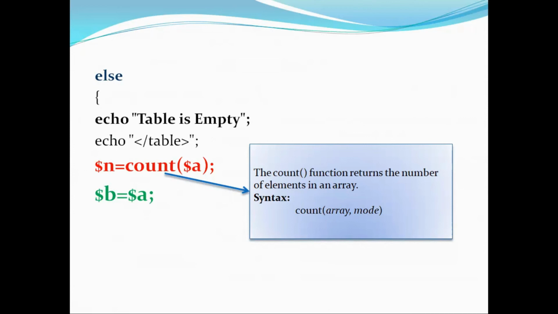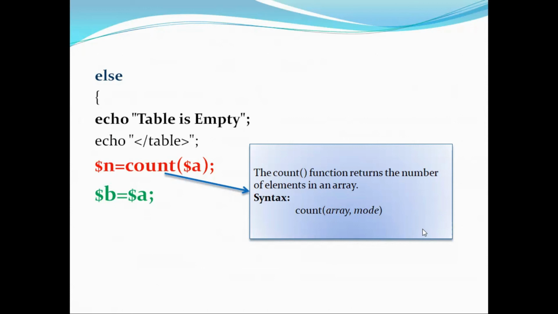The possible values are 0, the default, which does not count all elements of multidimensional arrays, and 1, which counts the array recursively, counting all the elements of multidimensional arrays. Anyhow, in our example, we are not using that mode, we are using only the array. This function is going to count how many USNs are present in this array A.